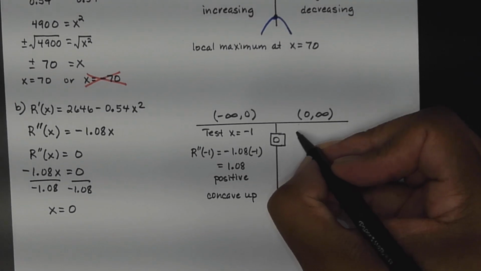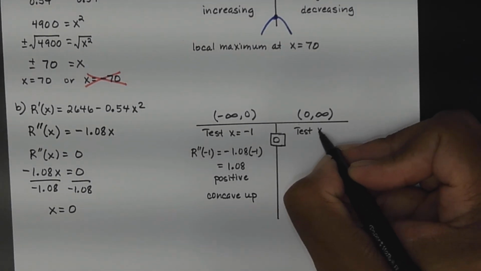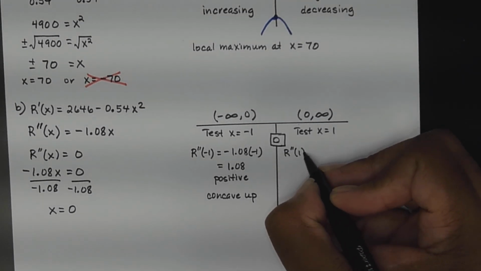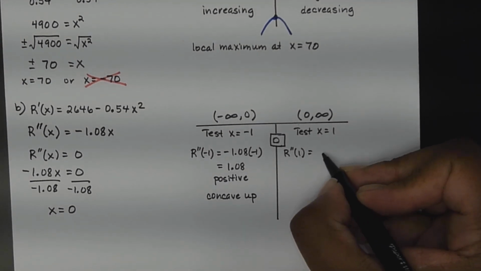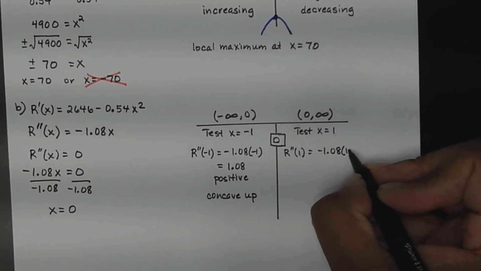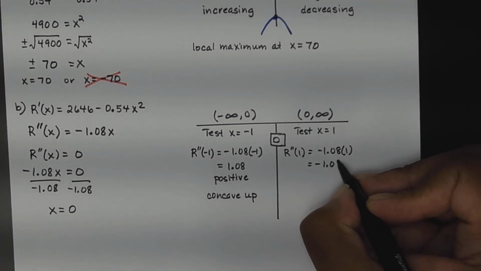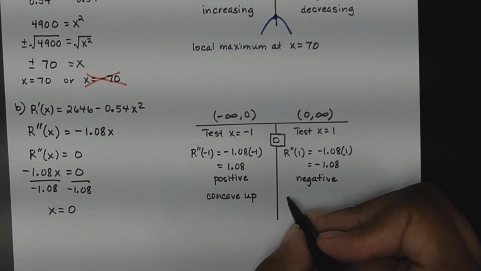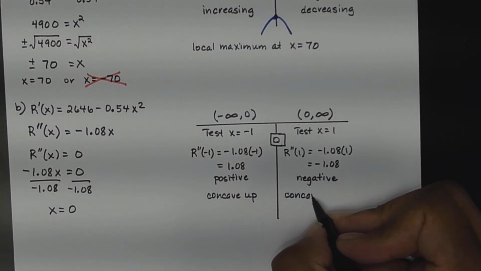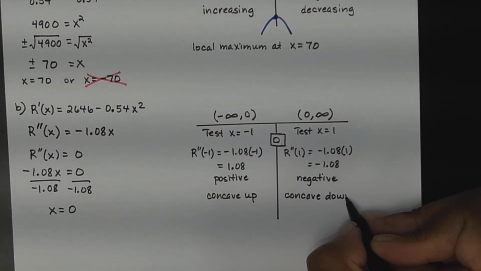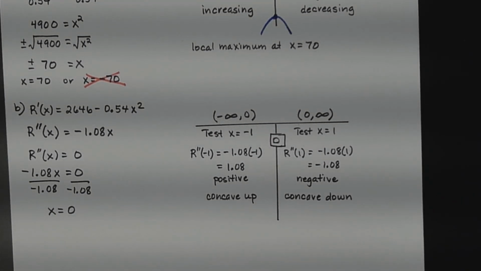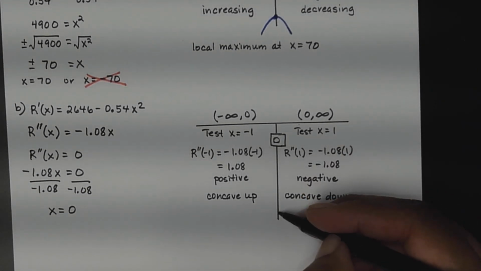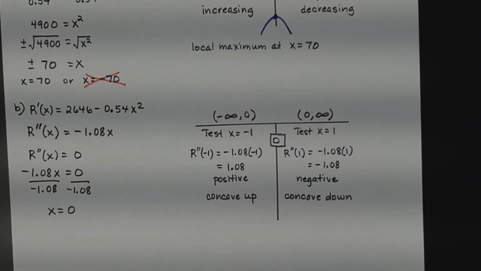From 0 to infinity, let's test positive 1 as an x value. And then replace the x with the 1 in the second derivative function. So it'd be negative 1.08 times 1, which is, of course, negative 1.08. And it is negative. That means the graph of that function would be concave down, since our second derivative came out to be negative. And at x equals 0, we know there's a point of inflection because of the change in concavity.